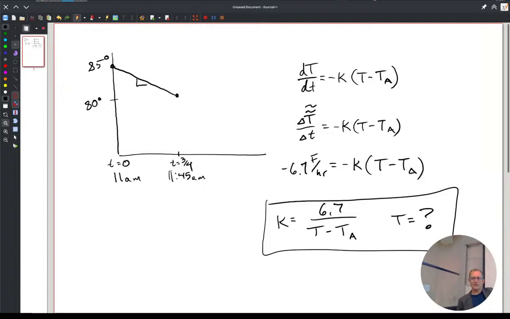That one's current. Okay. What do you think? Is there any reason to use 11 a.m., the 85 degrees? Why is that? Because that's what we use to calculate the K. Right? Yeah, we started there and used a slope to get forward.